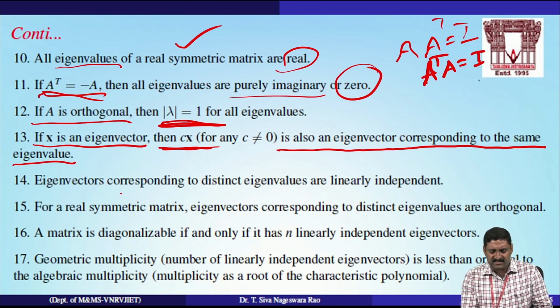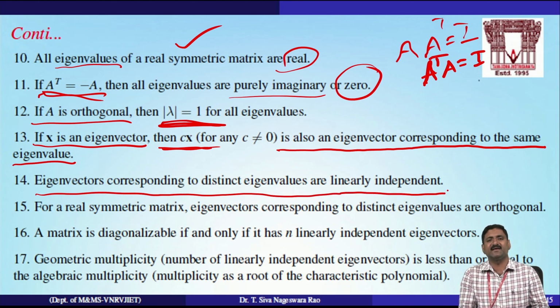The eigenvectors corresponding to distinct eigenvalues are always linearly independent. In view of previous lectures, we discussed eigenvectors corresponding to distinct eigenvalues. Take such eigenvectors and form a matrix.